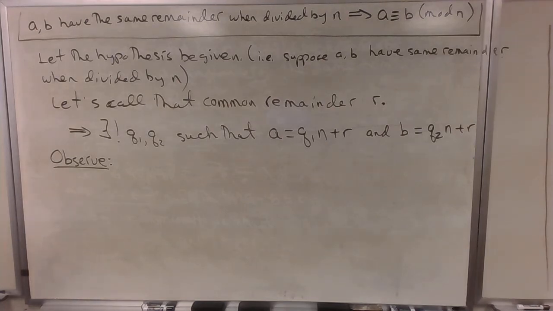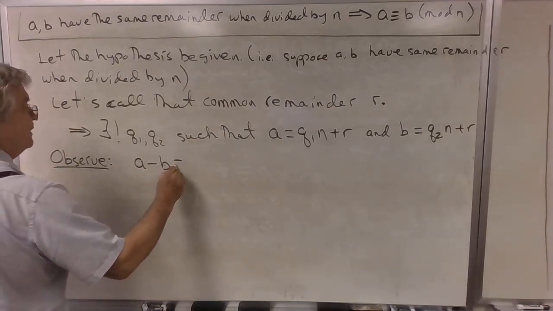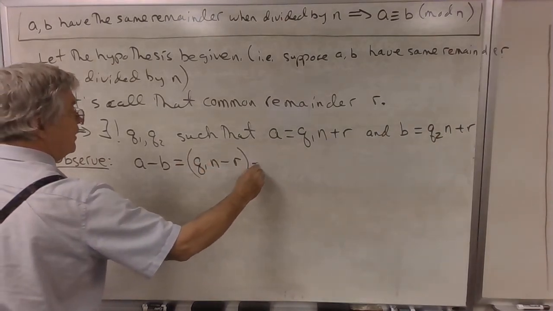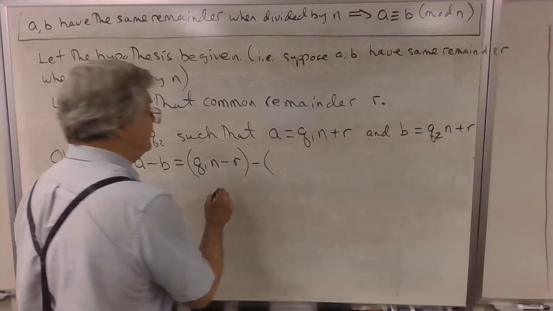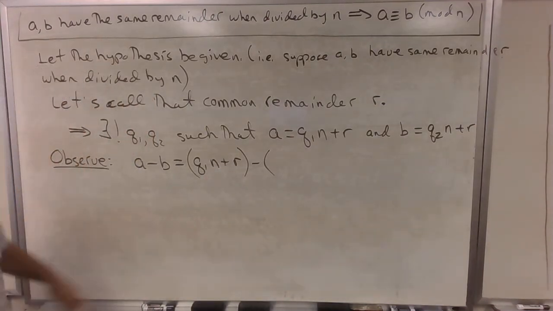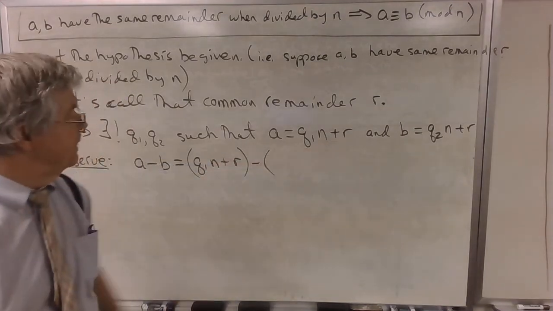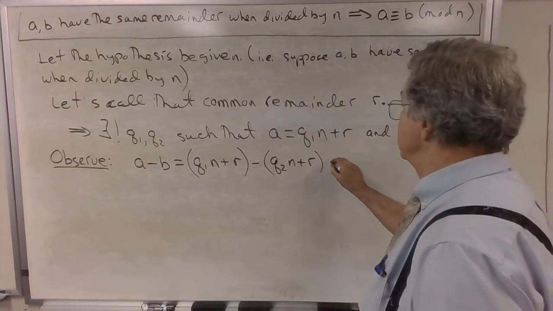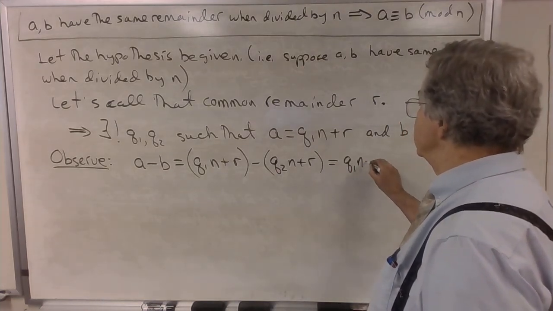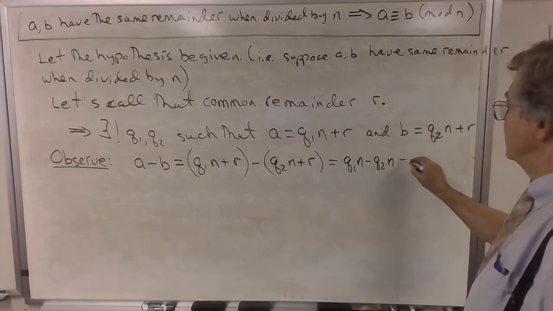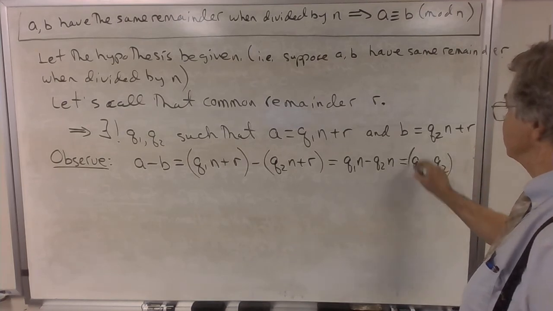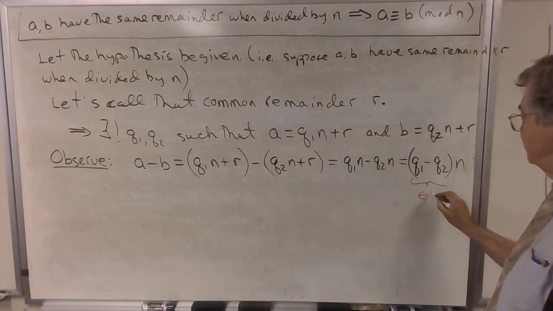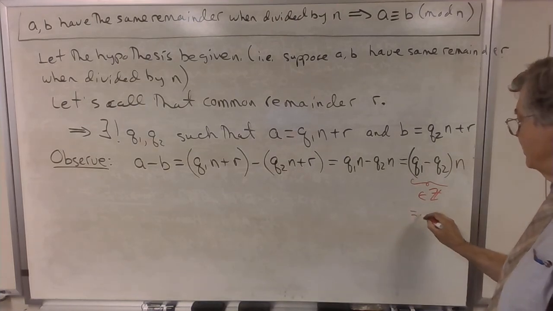So observe, a minus b is equal to q1n plus r minus q2n plus r, and that gives us q1n minus q2n, or (q1 minus q2)n. q1 and q2 are both integers, so this is an integer, and we'll call it k.